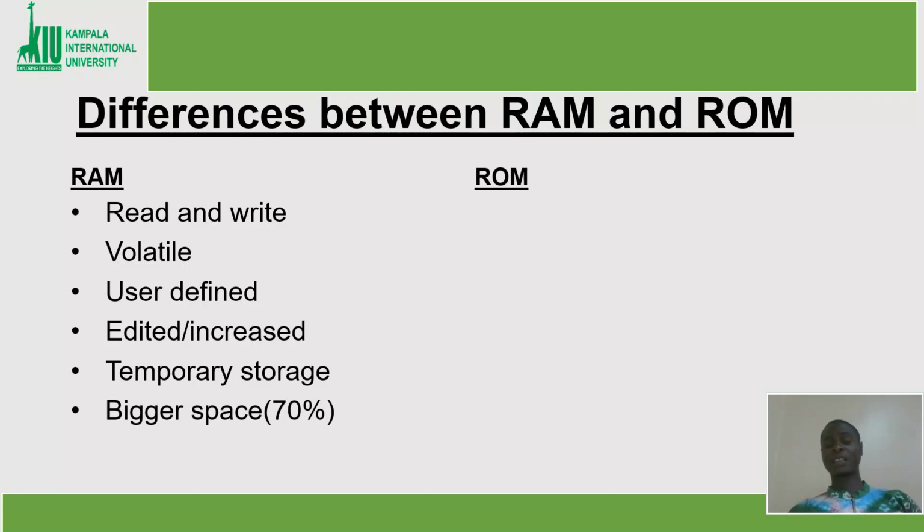Then on the next side, we put ROM. ROM is read only. The content on ROM, once you read, you cannot write on it. It is non-volatile, which means that ROM is a permanent storage device.